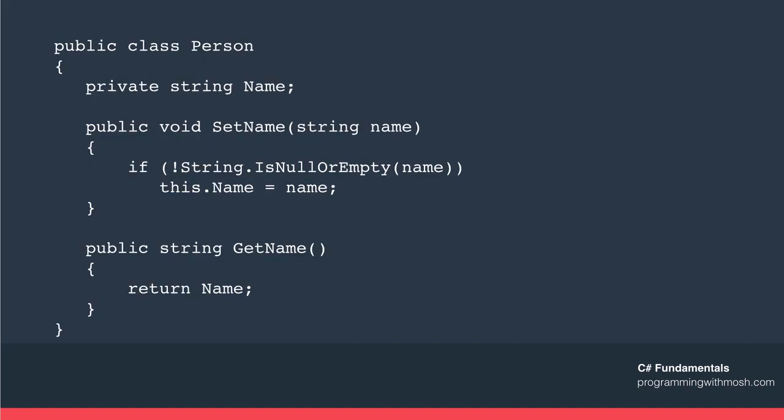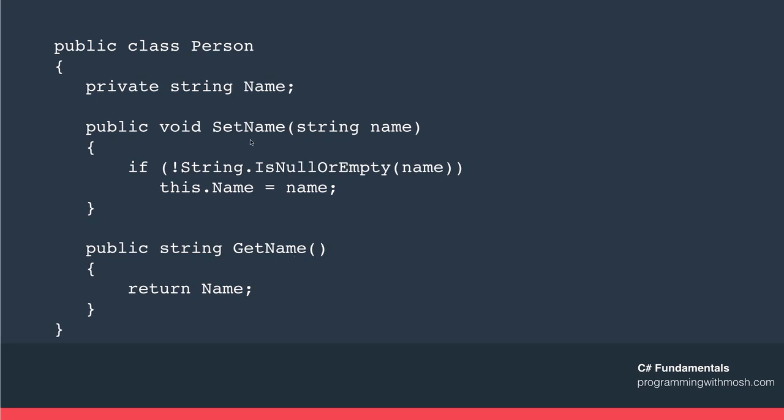So to show you an example, here we have a person class that has a name field that is declared as private. So with this code, if we create an instance of the person class, we cannot access the name field of that object. Instead, we need to call one of the methods here, setName or getName. Look at the setName method here.